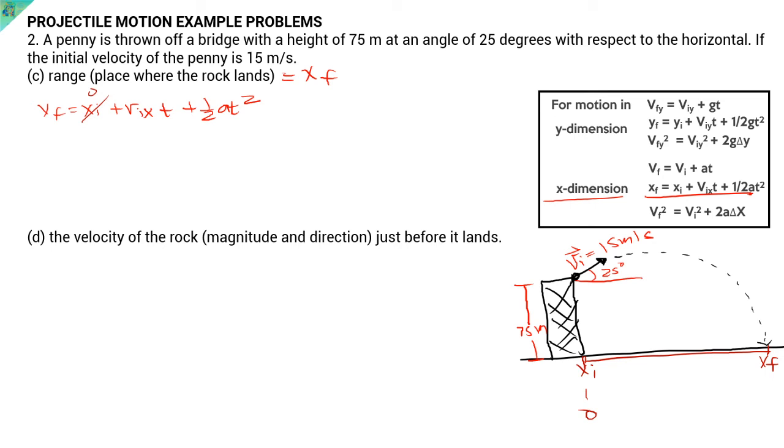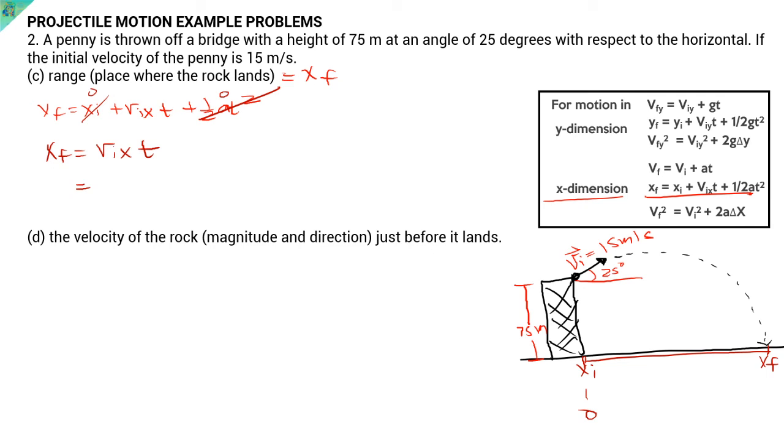In terms of our acceleration, we are now looking at the X dimension. Gravity won't affect it, so our acceleration would be 0, canceling this part. So we are left with XF is equal to VIXT.